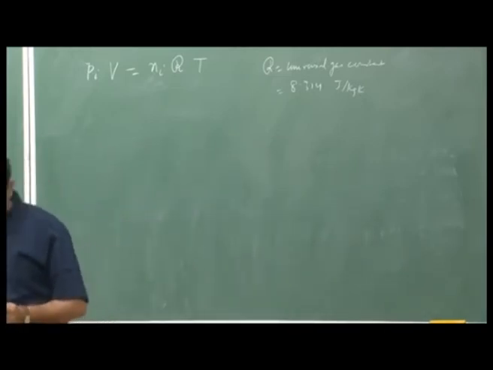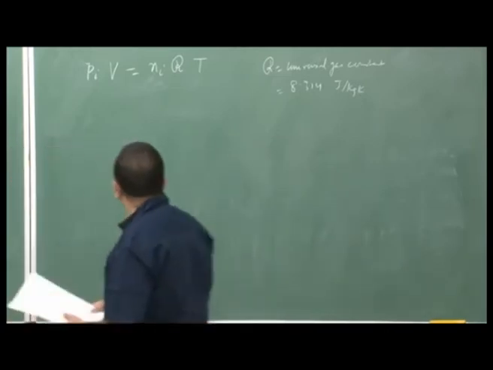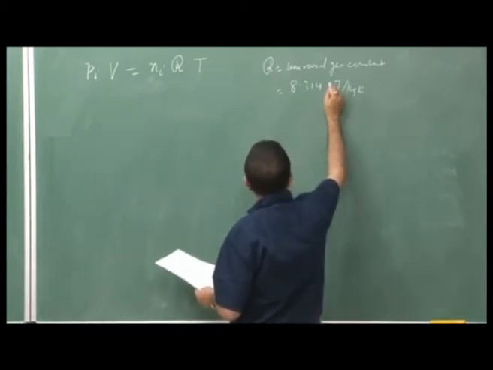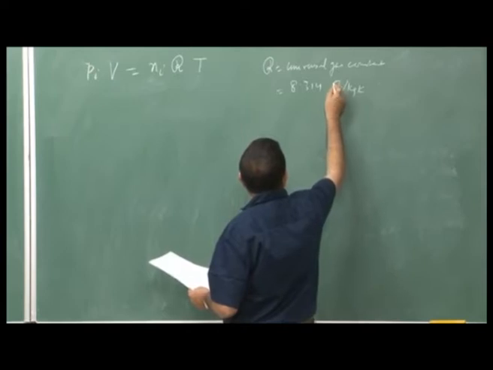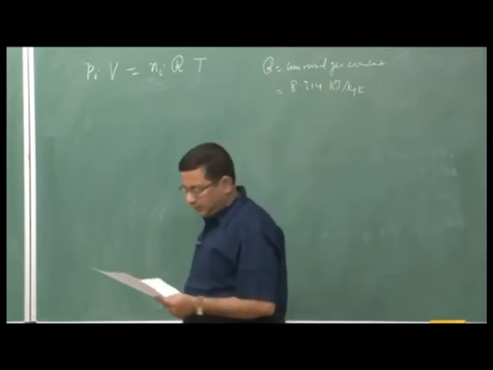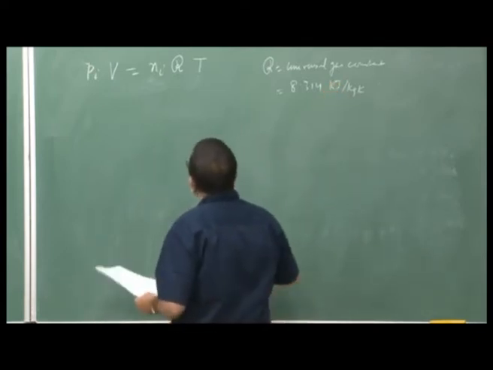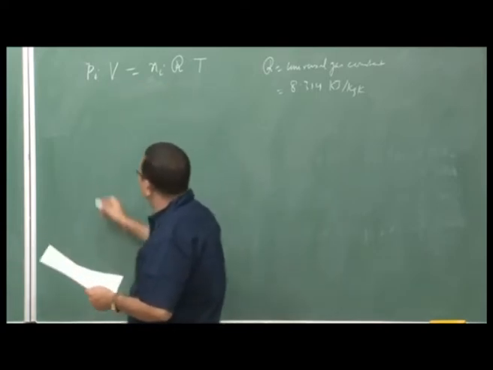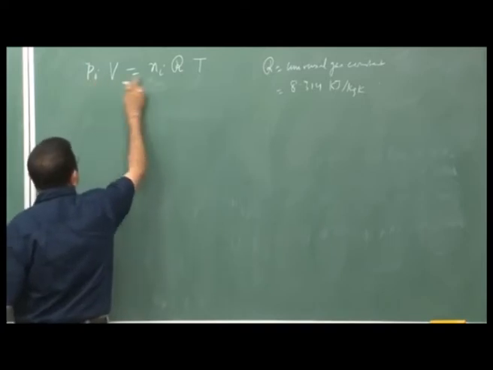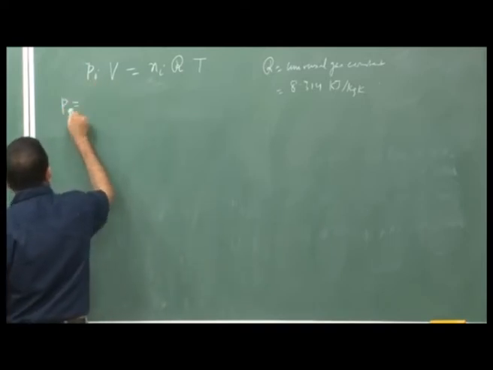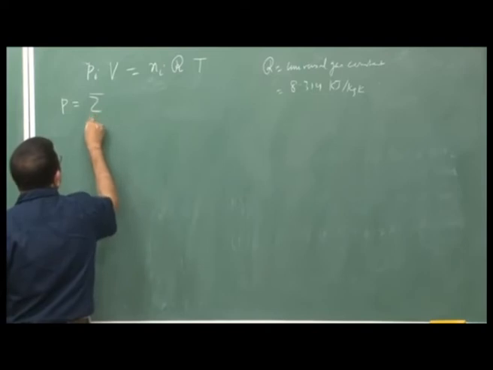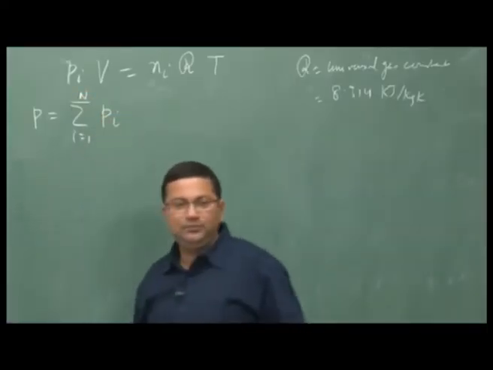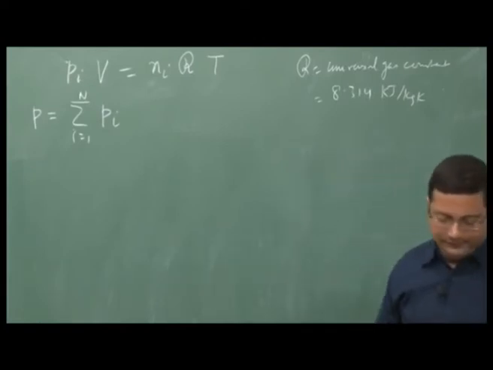This is a universal value. So, this is the partial pressure defined as, and the total pressure from Dalton's law of partial pressure is the summation of partial pressure for each of the n species. So, the total pressure is given like this.